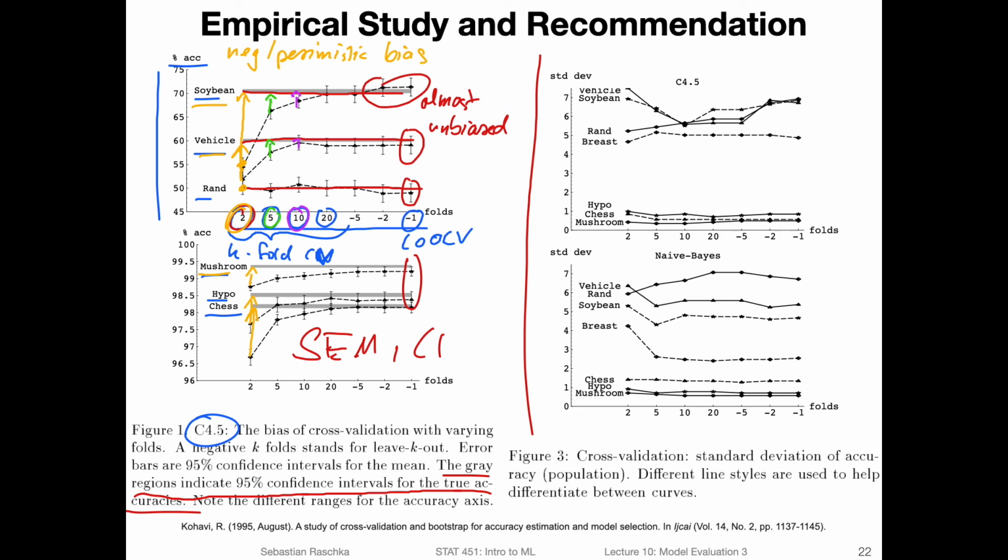It's the square root of the variance, and you can see that the estimate varies more if we would repeat that procedure for different training sets, where the expectation is over the training sets. Here they are looking at the standard deviation of accuracy of the population, the square root of the variance, and you can see that the variance is large for very small numbers of k.